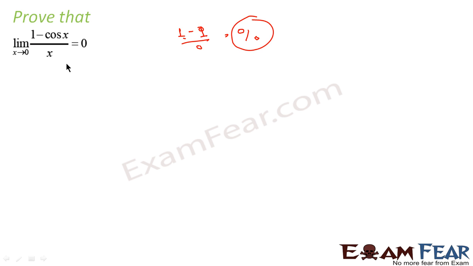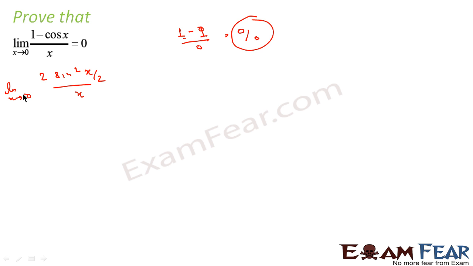So what we can do, we will rewrite this. 1 minus cos x we know is nothing but 2 sin square x by 2. You know this. So we can write this as 2 sin square x by 2 by x, limit x tends to 0.